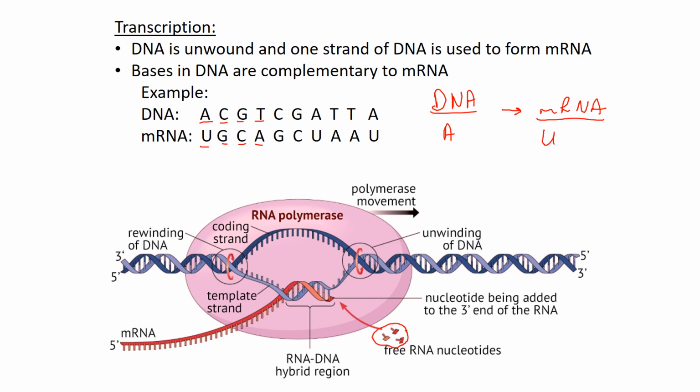So A to U. If there's a T in DNA, that turns to A, C to G, G to C. So on the exam, if I give you some letters for the DNA, can you write down or pick the correct choice for the mRNA sequence?